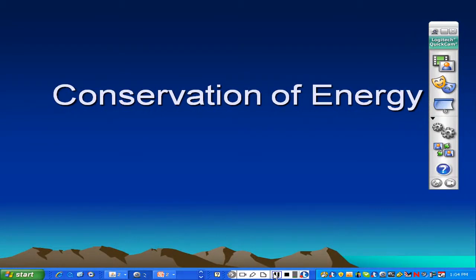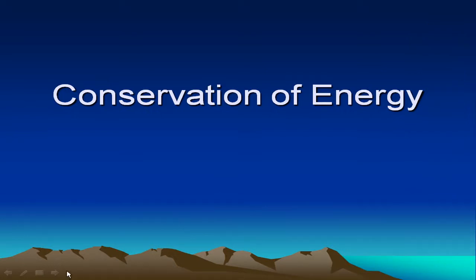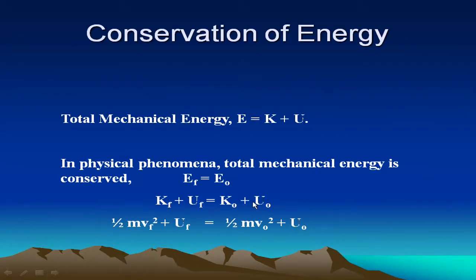All right, we're looking at conservation of energy here. We've already discussed the concept of total mechanical energy, which, as you can see, is defined as kinetic plus potential energy.